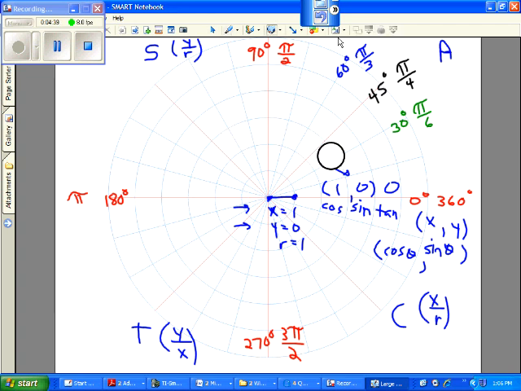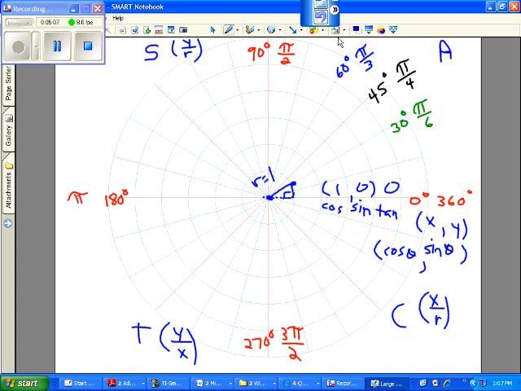Okay, now we're going to draw a new radius. This time, we're going to start with the center 0, and we're going to go 30 degrees. Now, when we go 30 degrees, here's what we're thinking. I could drop that down and make a little right triangle, correct? Now, what is the radius of my little right triangle? 1. What kind of a little right triangle is it? 30, 60, 90.